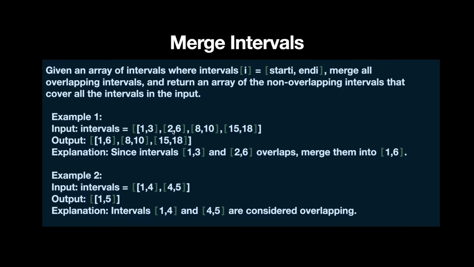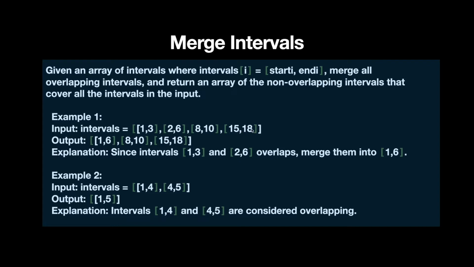So 2 comes between 1 and 3, so this is an overlapping interval. We have overlapped it and made it 1 6.